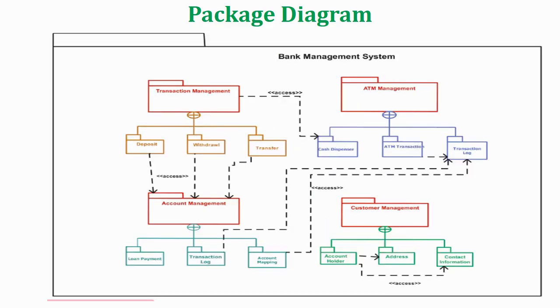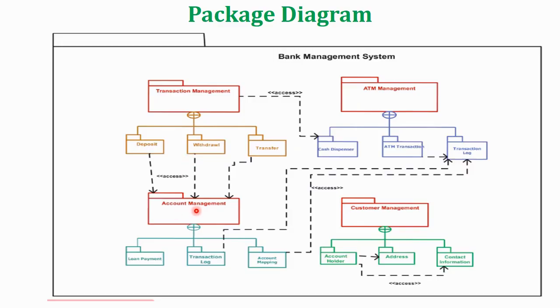We will see one diagram for a bank management system. Here the entire functionality is represented as packages. The transaction management has deposit, withdraw and transfer. Then the deposit, withdraw and transfer will access the account management.